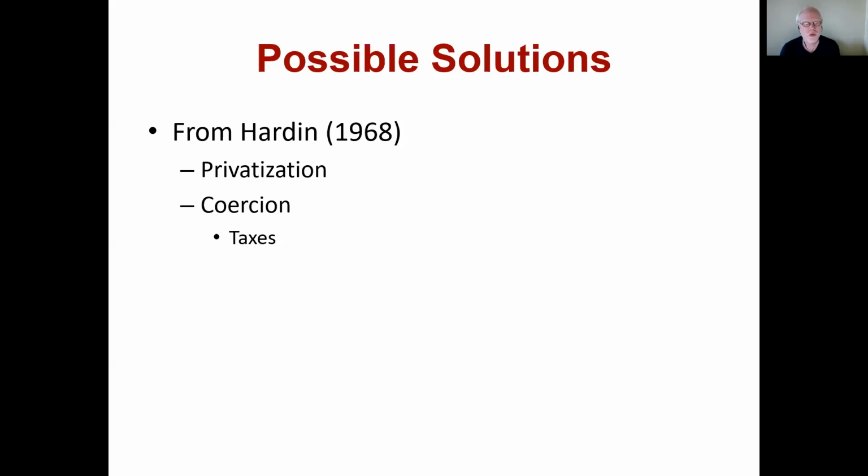So you could essentially privatize the commons. If the field became privately owned, and everybody had to pay for access, or you had a government or private agency that controls it, each person is given a certain number of slots and can't exceed it.